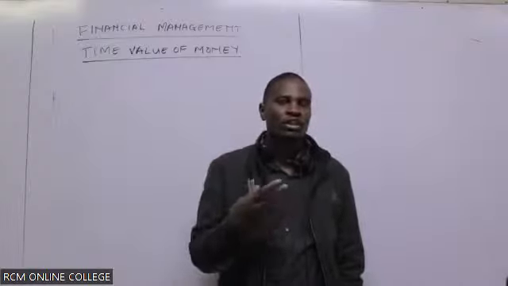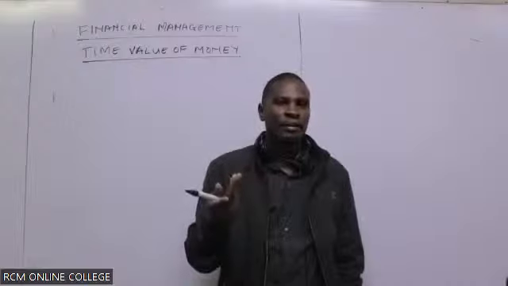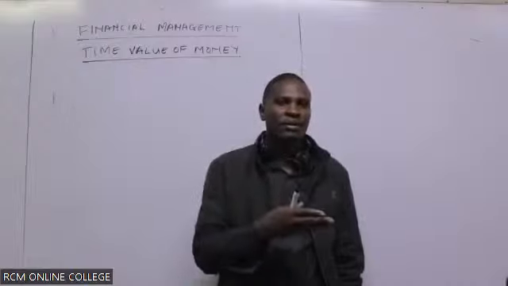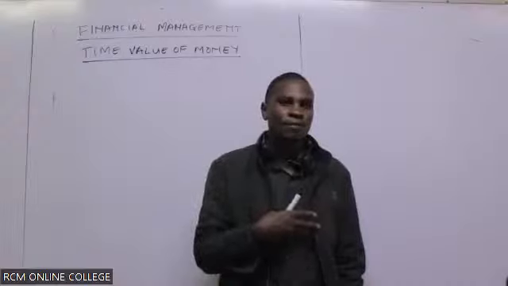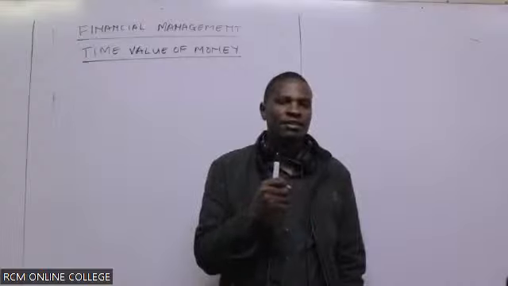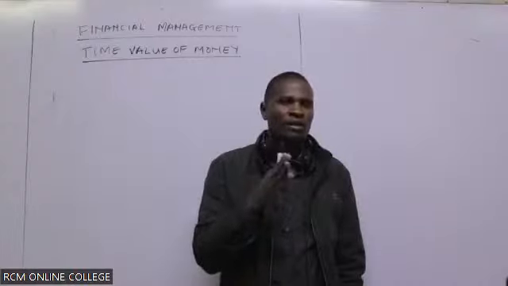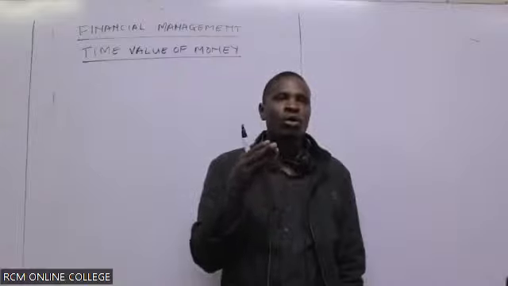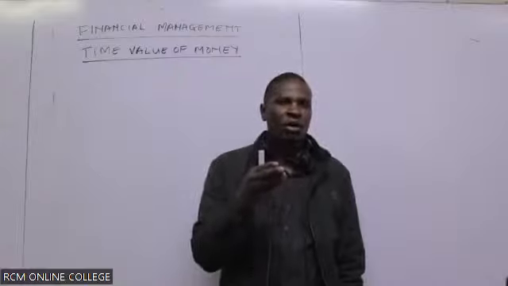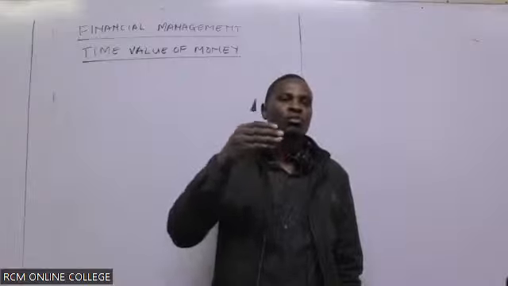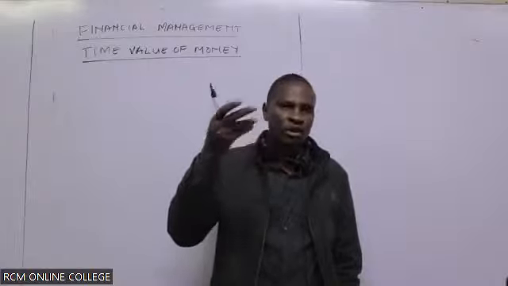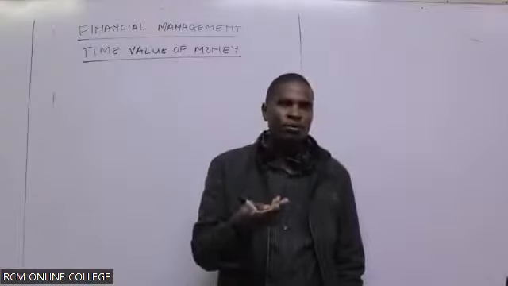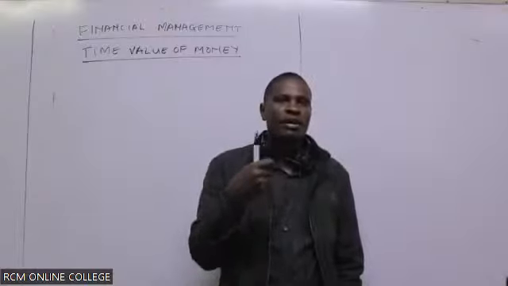If I have 1 shilling today, its value will be different tomorrow. Today and tomorrow is symbolic, and tomorrow can mean 10 years, 20 years to come. So there is that effect of money with time.